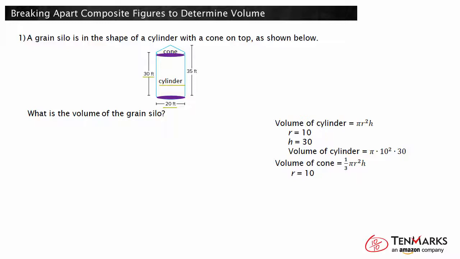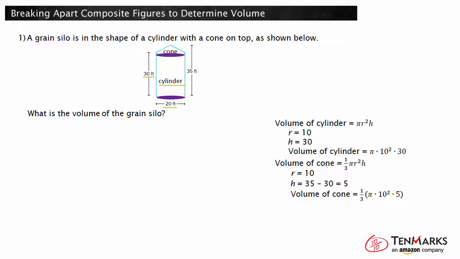Now we need the height. We are given that the height of the entire silo is 35 feet, and the height of the cylindrical portion is 30 feet. This means that the height of the conical portion must be 5 feet, so h is 5. Substituting 10 for r and 5 for h into the formula for volume gives 1/3 times pi times 10 squared times 5.